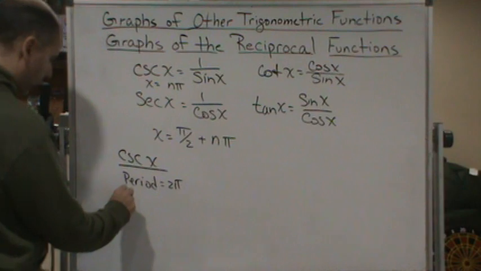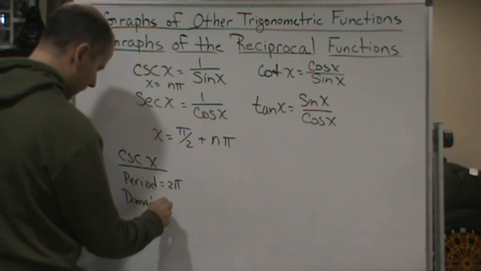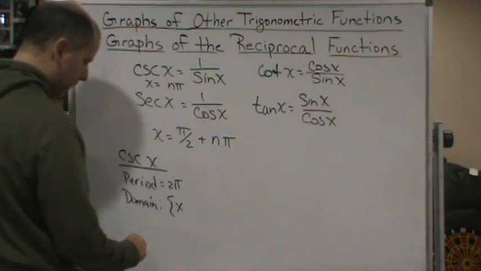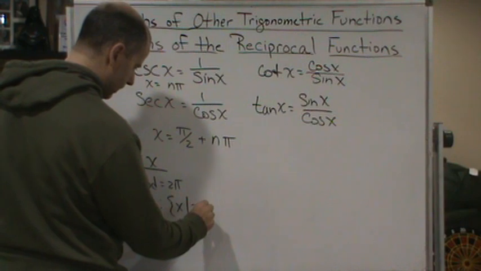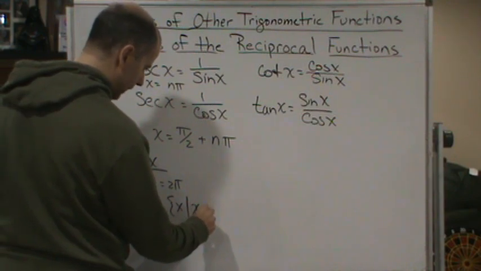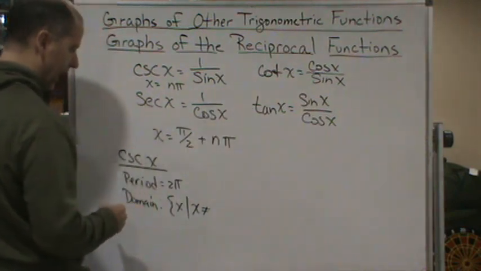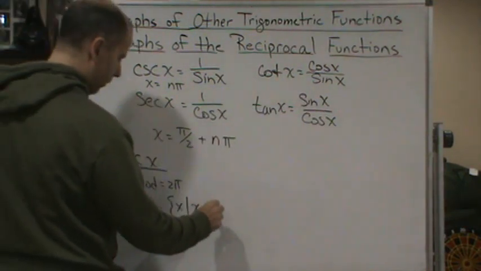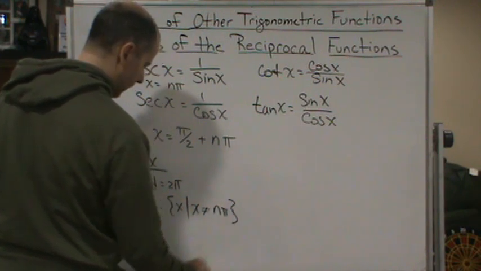The domain is going to be all the values of x such that x is not equal to what? Well, all the asymptotes. So it's going to be where x is not equal to n times pi.